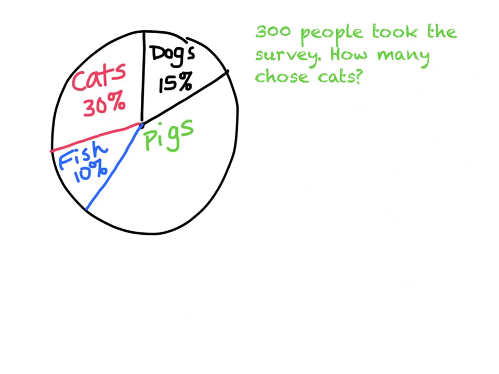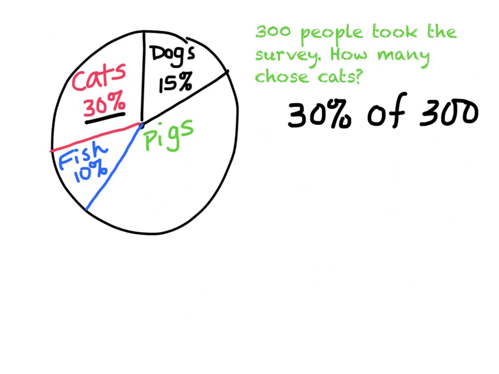All right, so our next question says that 300 people took this survey. I want to know how many of those 300 chose cats. First thing with cats, you know that 30% of those 300 people chose cats. So again, you can do it the same way. If you're trying to find a part of a whole, you can multiply.